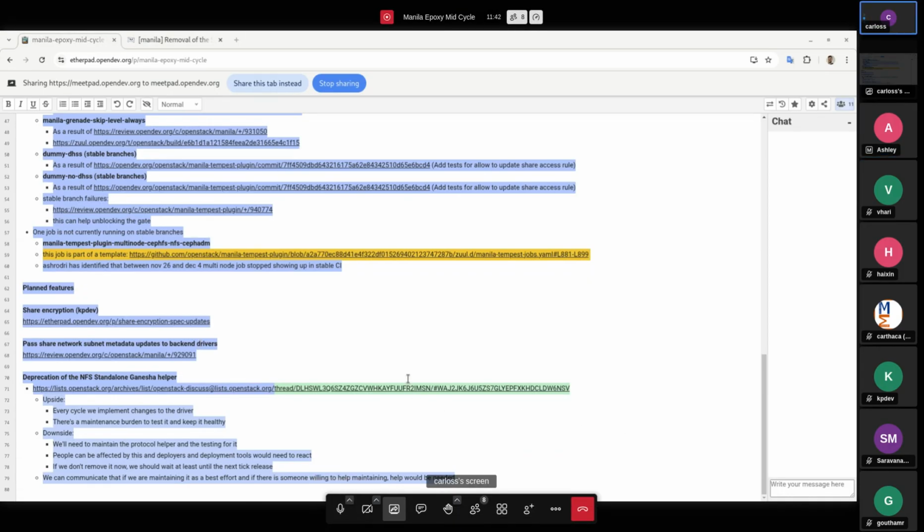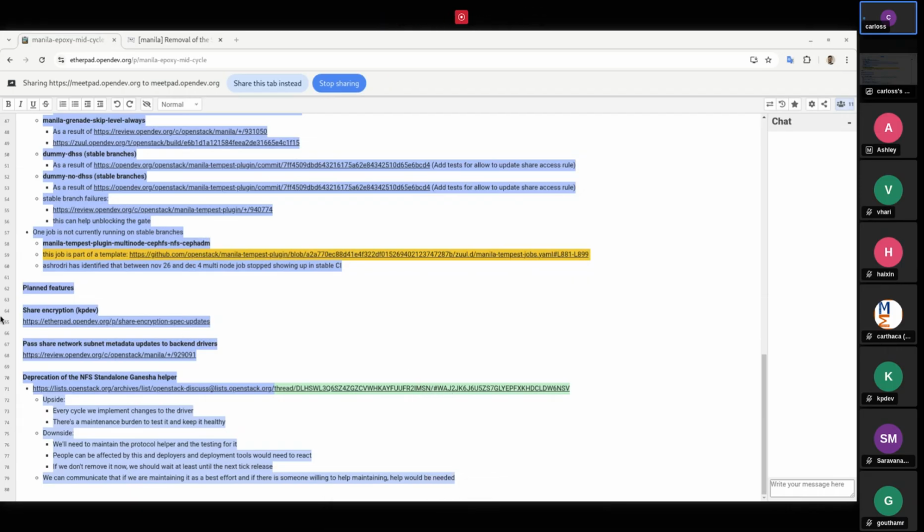Yeah, that sounds like a good approach, and definitely we should share an update to the OpenStack Discuss mailing list.